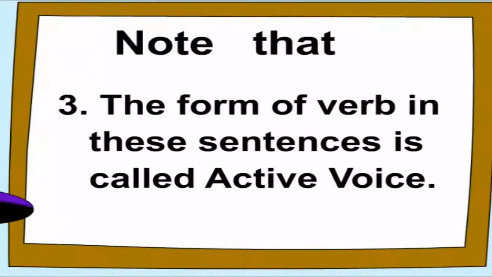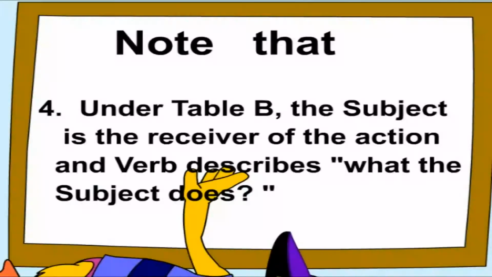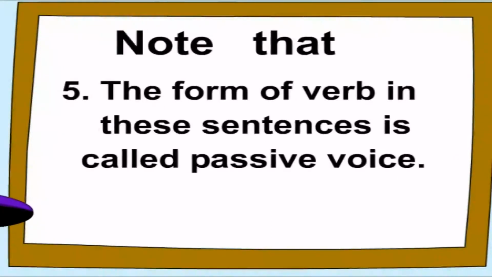The form of the verb in these sentences is called active voice. 4. In the second sentences, the subject is the receiver of the action and the verb describes what is done to the subject. 5. The form of verb in these sentences is called passive voice.